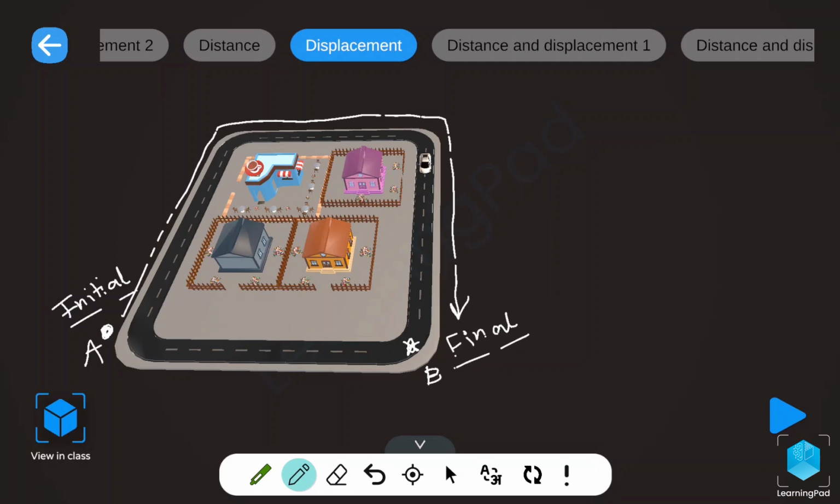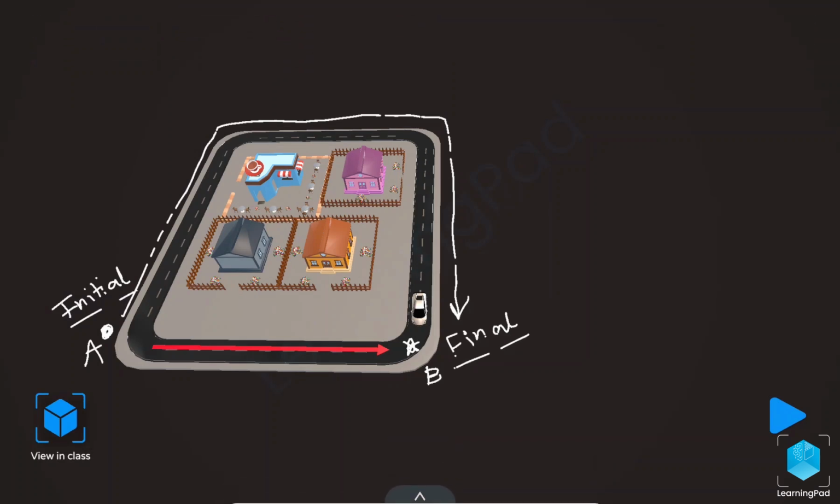Now let us have an activity where we will be able to understand the concept in a much better way. Here in this model we have Olivia who is out for a jog. And we have two parameters here, distance and displacement. On the top left corner, we have a slider which represents the time interval.